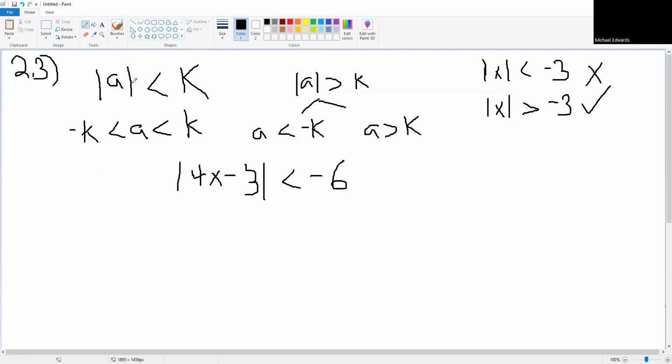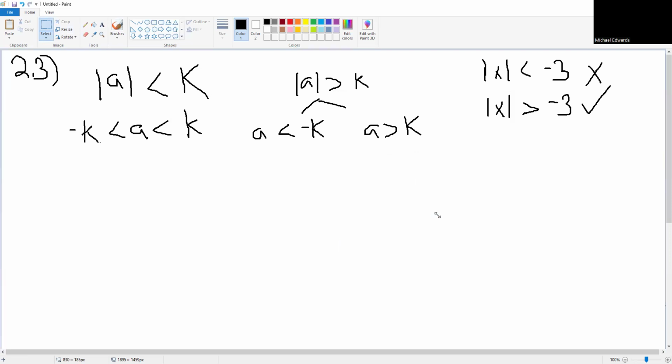We see this rule, we can rewrite it as, but we also see this rule that says absolute value less than a negative number has no solutions. So I would say that this is no solution. Why go further? Why do anything else with it when you already know there's no solution? All right, let's move on to another example.